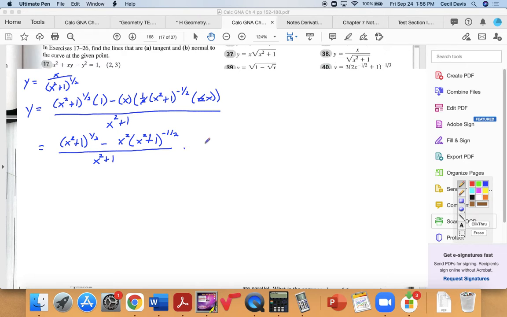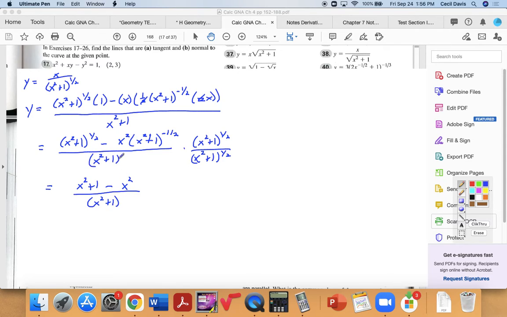So now what I'm going to do to get rid of this negative exponent, which makes this a complex fraction, is multiply by x squared plus 1 to the 1/2 power on top and bottom. So that's going to give me x squared plus 1, because something to the 1/2 power times something to the 1/2 power is that to the first power, minus x squared, over x squared plus 1.